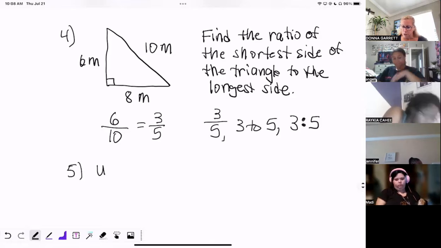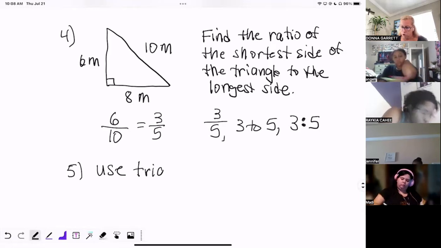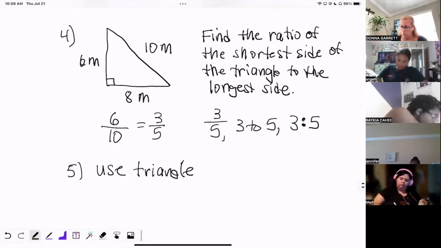Number 5. Use the triangle from number 4, so same triangle.